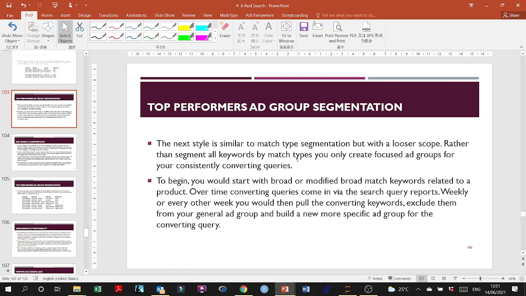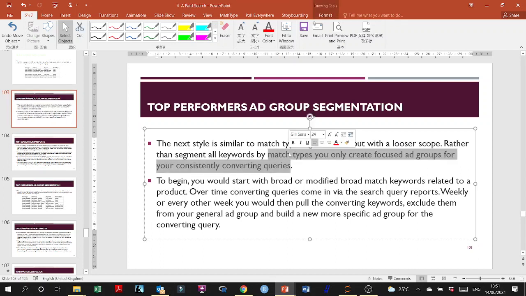Rather than segmenting all keywords by match type, you only create a focused ad group for your consistently converting queries. Okay, so for your converting queries only. To begin, I told you how I do it: the consistently converting queries will emerge.